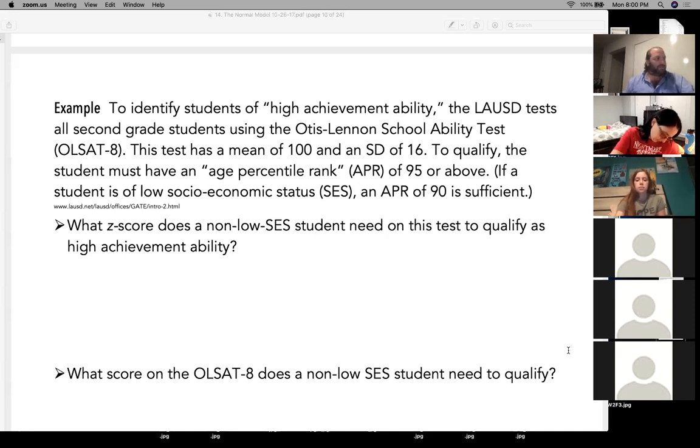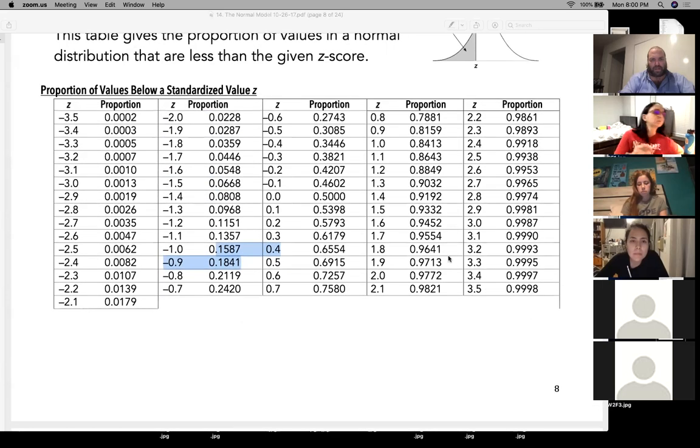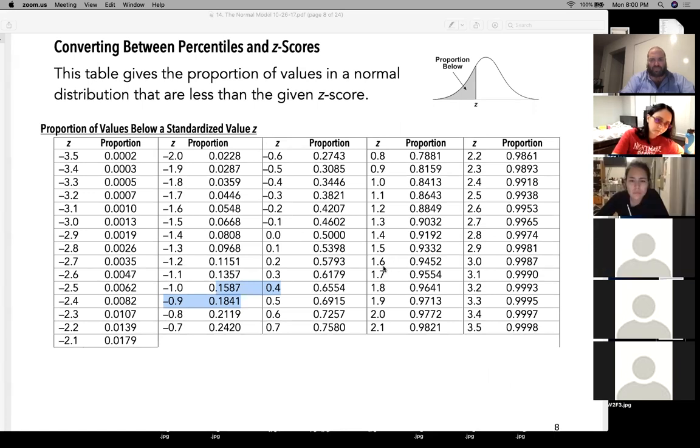You have to find what the 90th percentile was. Is it the 90th that we're after? The 95th. Now, the 95th percentile corresponds to a score between 1.6 and 1.7.